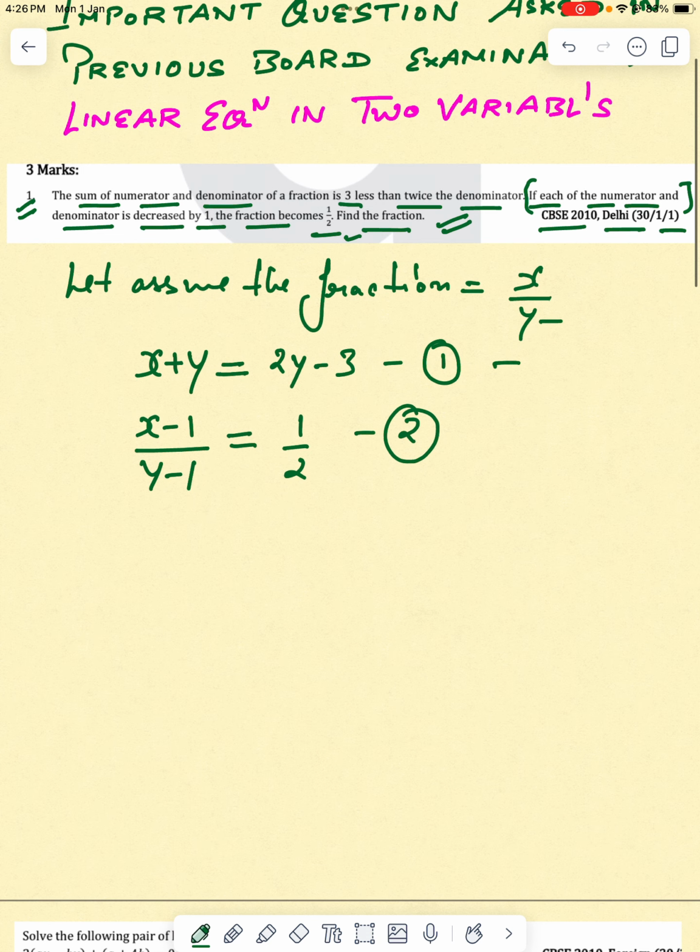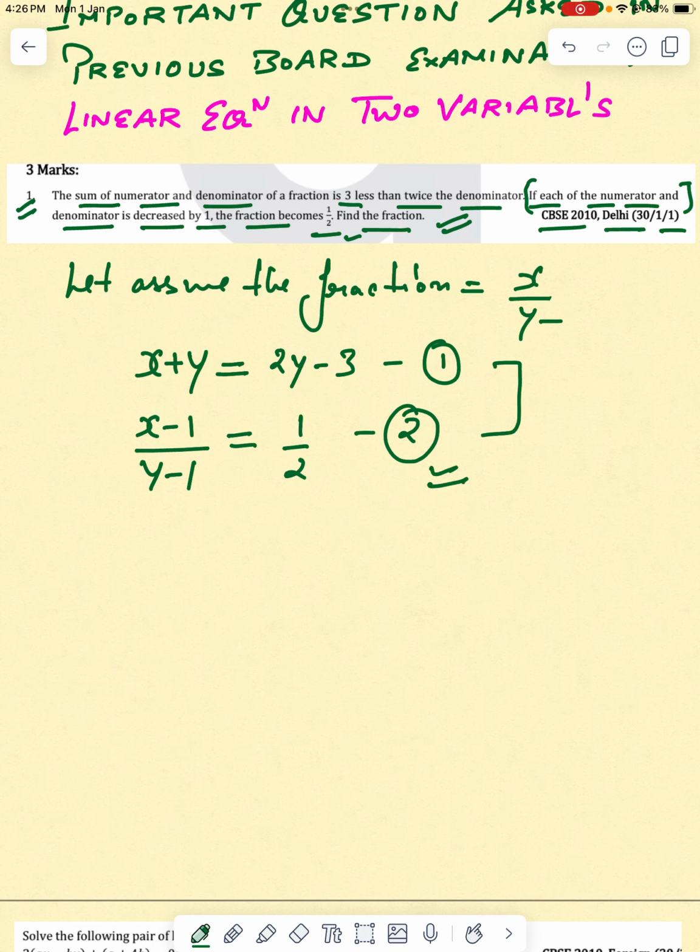Now we will solve these equations by any method. I will choose the method of substitution. First I will simplify equation number 1: x plus y equals 2y minus 3.